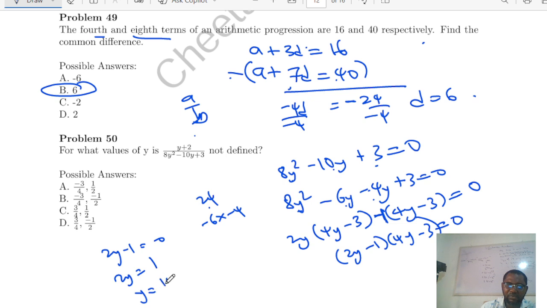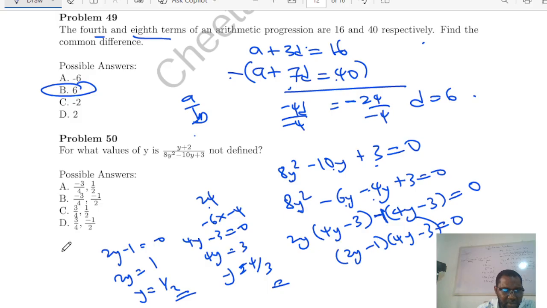That means y is 1 over 2, right? Also, if 4y minus 3 is equal to 0, 4y will be equal to 3. That means y will be 3 over 4. So the answer is 1 over 2 and 3 over 4. So C is the answer.